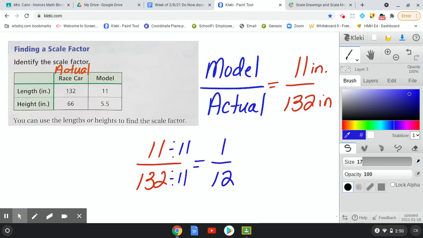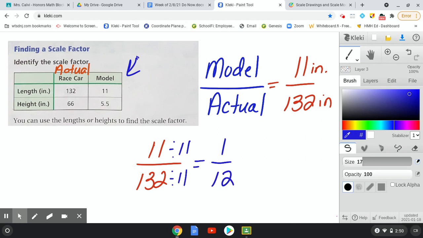So basically what that means is the model car, if this is a three-dimensional scale model, is 1/12 the size of the actual, all right? That's what that's telling us. So in order to find the scale factor, you're going to always take the model over the actual. In this case, the model car was 11 inches.